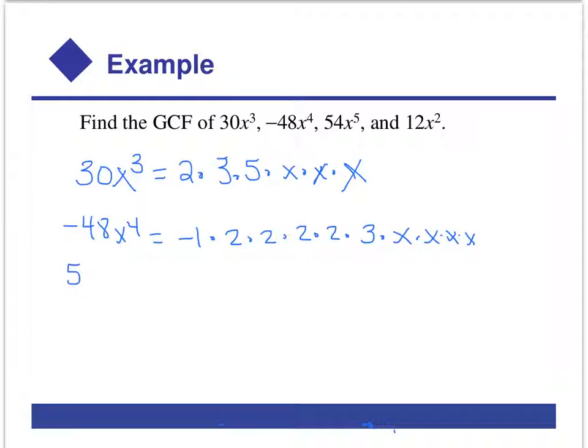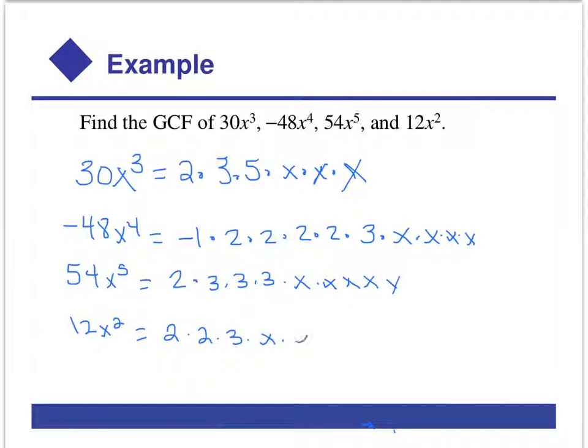For 54x to the 5th, we get 2 times 3 times 3 times 3 times 5 x's. And then for 12x squared, we get 2 times 2 times 3 times x times x.